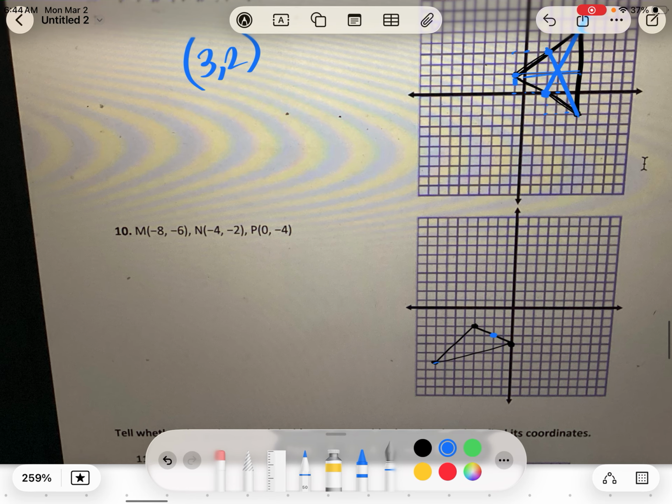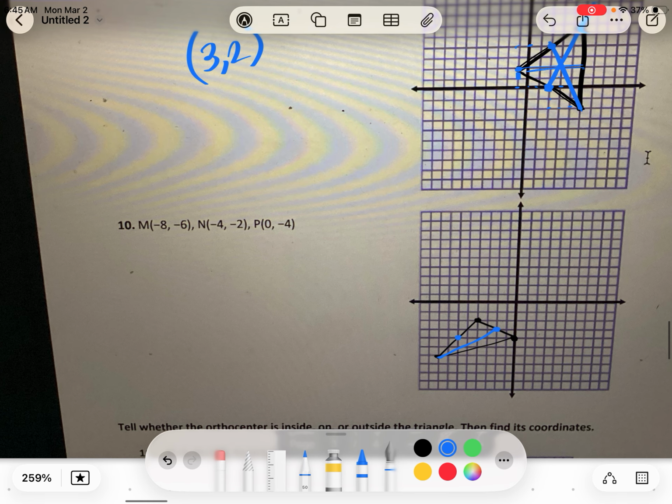Do my best to connect dots. This one's going up 1, 2, 3, 4, over 1, 2, 3, 4. So 1, 2, 1, 2. And this one goes up 1, over 1, 2, 3, 4.